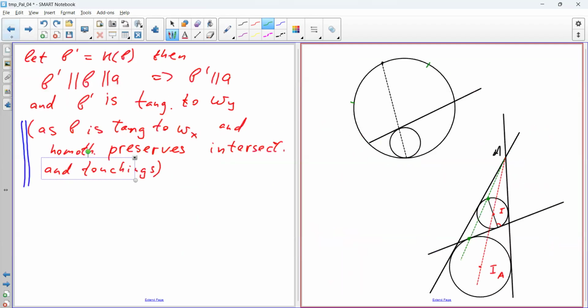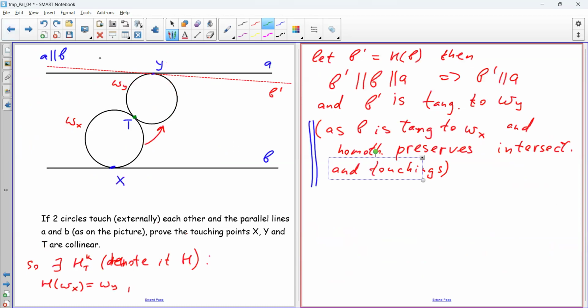Okay. So what does it mean here? We use it all the time to show that if two objects had, say, 2 or 3 or k points of intersection, then after a homothety they will have exactly the same number of points of intersection.